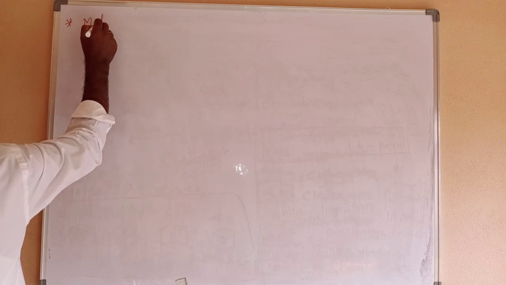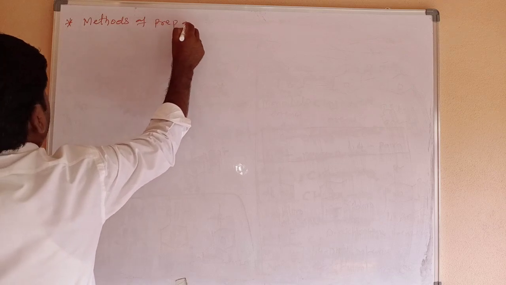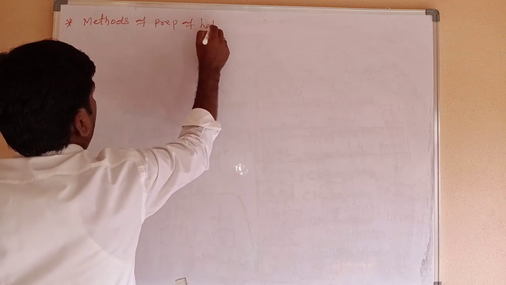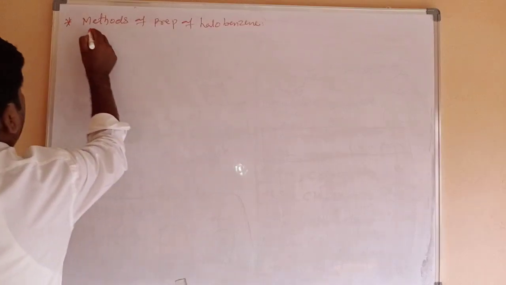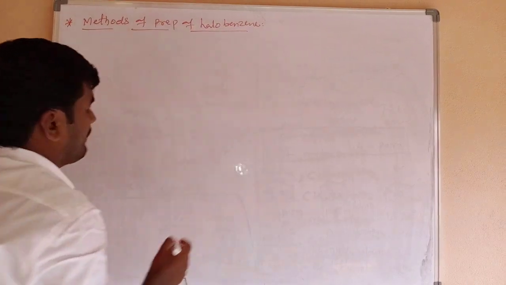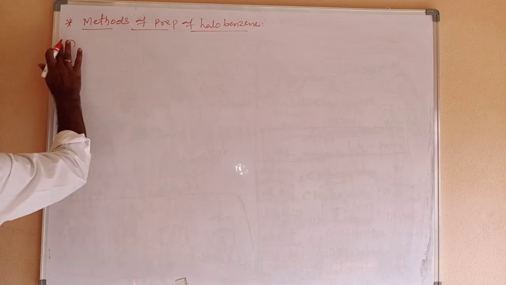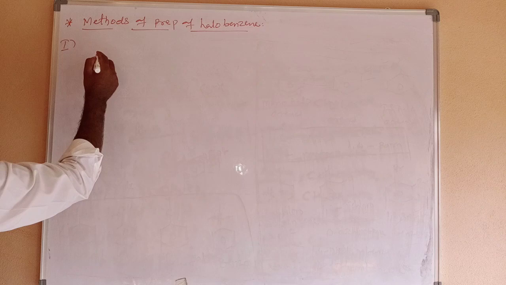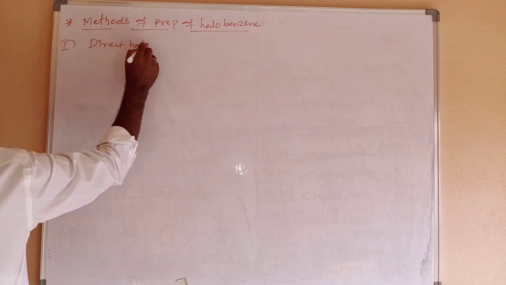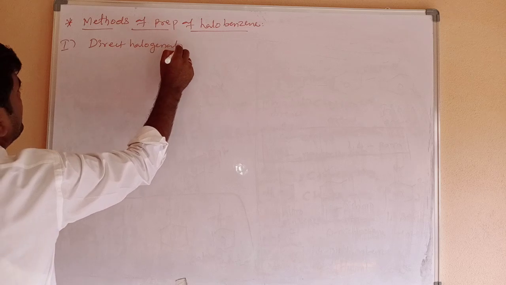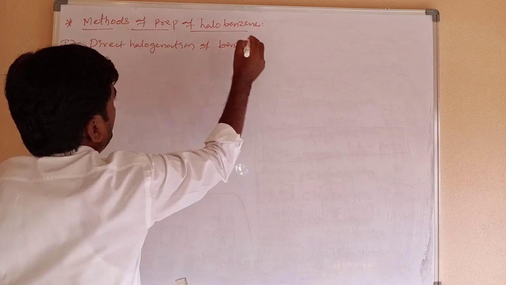Next one, methods of preparation of halobenzene. First one, direct halogenation of benzene.